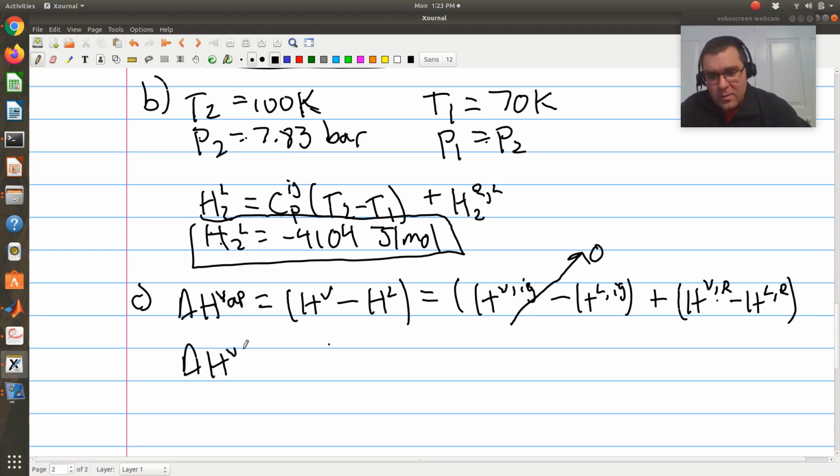So delta H of vaporization is just the residual contribution of the vapor phase minus the residual contribution of the liquid phase.